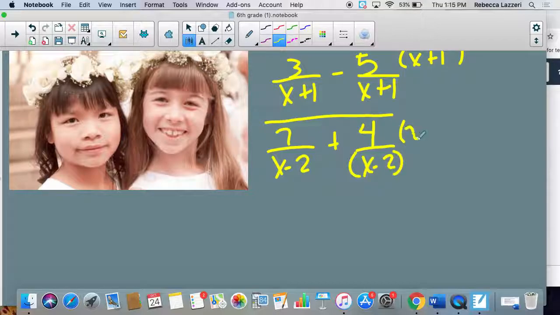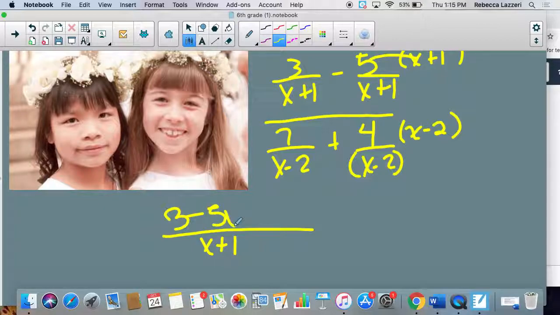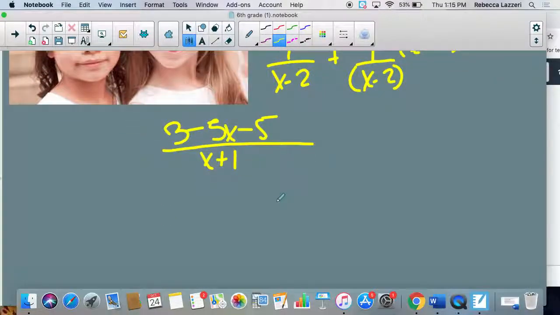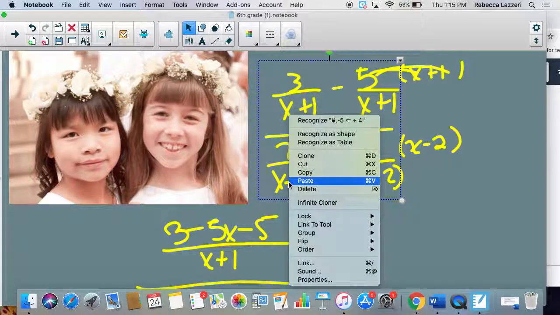All right, do y'all see what I'm doing? Okay. And then on the top, my common denominator is x plus 1. And I have 3. I have to be careful with this minus sign. It caught some people on the test. That's minus 5x. That's actually minus 5. And that's just the numerator. The denominator is both over x minus 2.